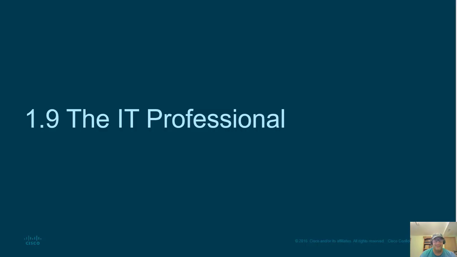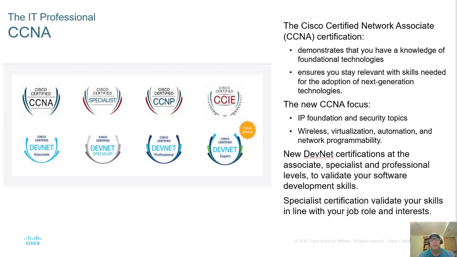All right, last section, the IT professional. This is just getting into the idea behind Cisco being a solutions provider for information technology. They offer all kinds of different certifications. The course that you're in is set for CCNA, which is the lowest level of certification they have. But even though it's the lowest level, it's still kind of hard to do, so it's not a bad certification to get.